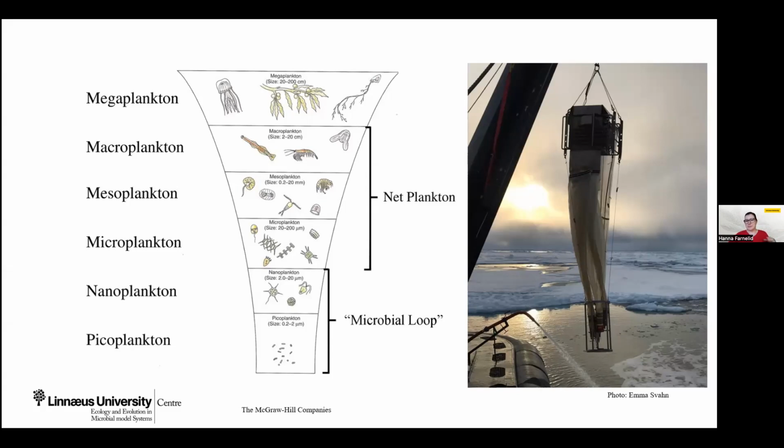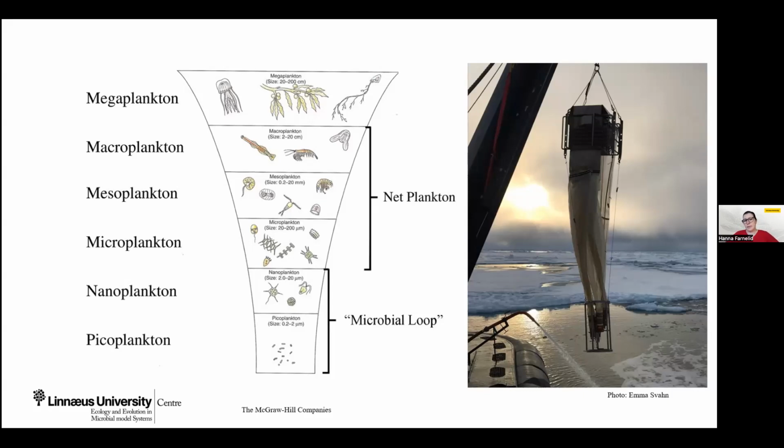So these are the large macroalgae, macroplankton that we see with our eyes. And then there are smaller size classes like mesoplankton and microplankton. And these are size classes that we could typically capture using a plankton net. So in the picture here, there's a multi-net, which is a phytoplankton net that contains multiple plankton nets that can be closed at different depths to collect phytoplankton from different depths.